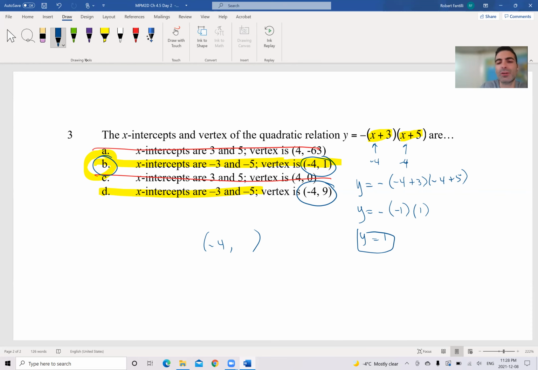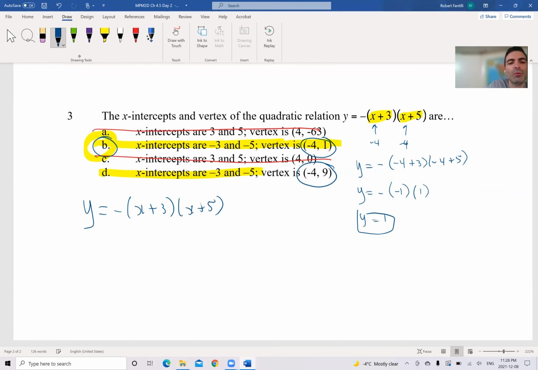But there's a bit of a longer way and another assured way. You take the equation. Now I know the roots are -3 and -5.